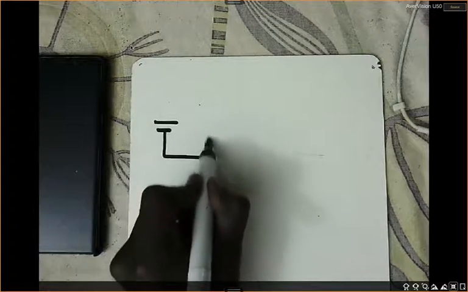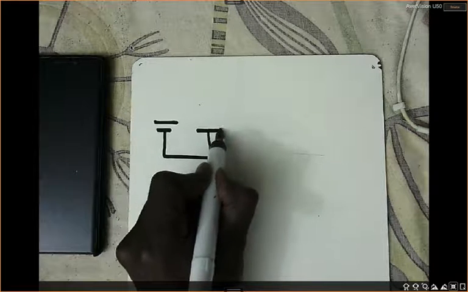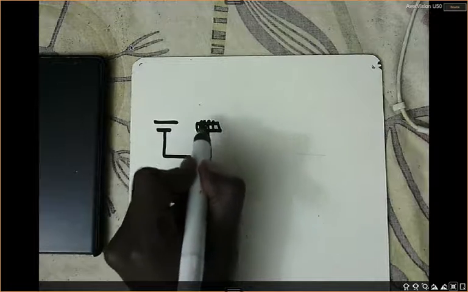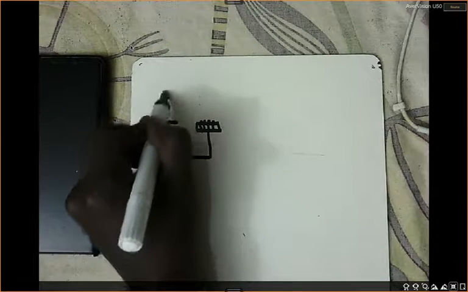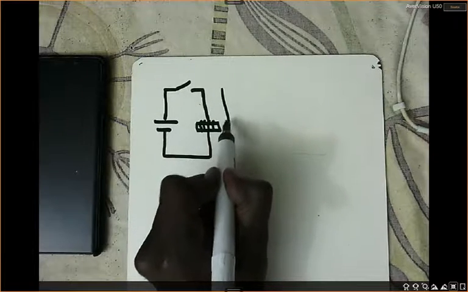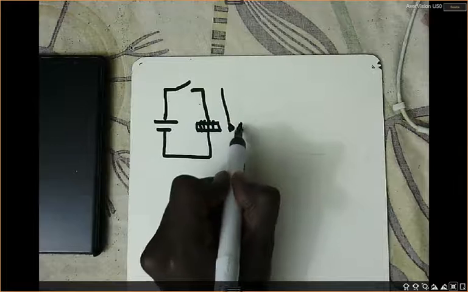If we didn't talk about relays, let's just explain what a relay is. All right, for example, I'm going to have a battery, and there's going to be a switch here, and there is another circuit, and there is a contact here.